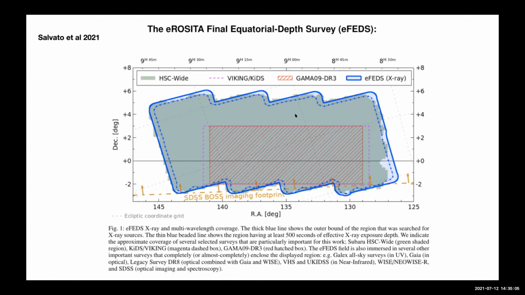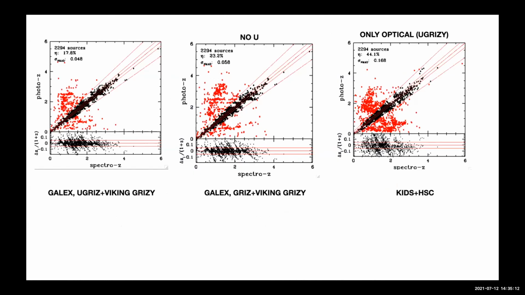What I'm arguing is that this should not be done. As soon as an object is an AGN, it has to be flagged, because the photo-zs are not reliable if you're using only optical bands, which is the plot that I'm showing here in red on the right side.